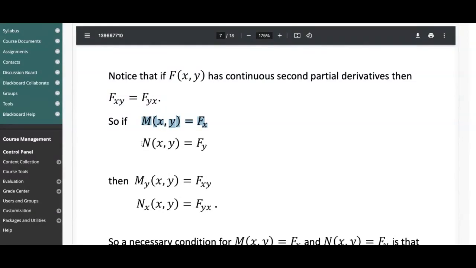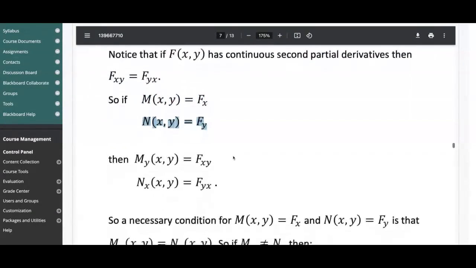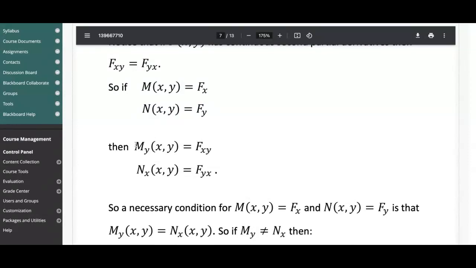So M is partial f, partial x, and N is partial f, partial y. If we take a derivative of M in terms of y, partial M, partial y, that has to be the mixed partial f_xy. So we take a partial derivative on both sides in terms of y. That's partial M, partial y is equal to partial squared f, partial x, partial y.